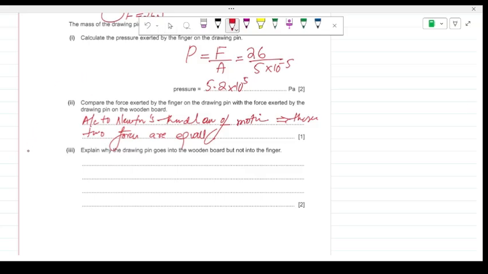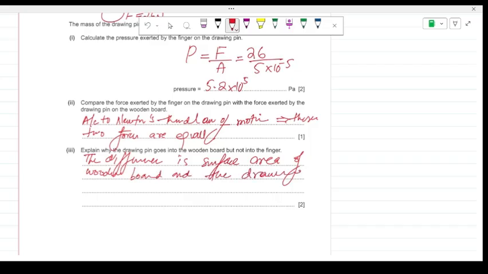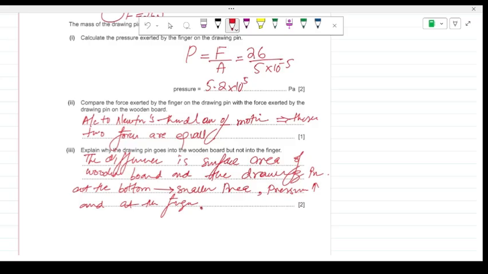So we can write the difference in the surface area of the wooden board and the finger. At the bottom we have a smaller area and the pressure is greater, and at the finger, at the head of the pen, we have a larger area and the pressure is small.